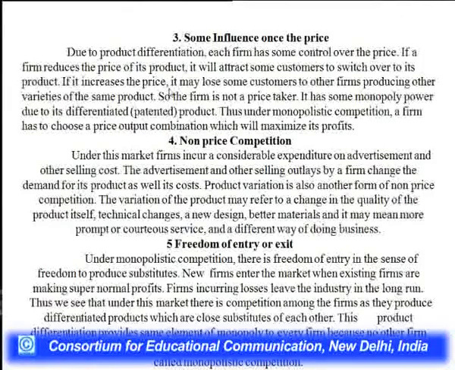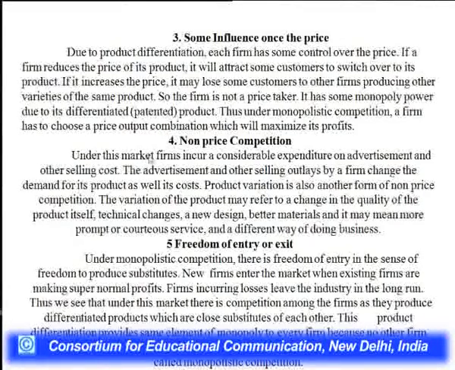If it increases the price, it may lose some customers to other firms producing other varieties of the same product. So the firm is not a price taker. It has some monopoly power due to its differentiated product. Thus, under monopolistic competition, a firm has to choose a price and output combination which will maximize its profits.